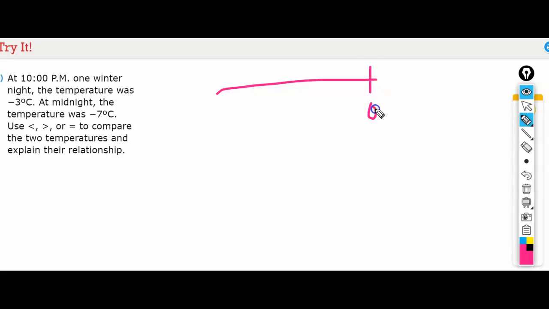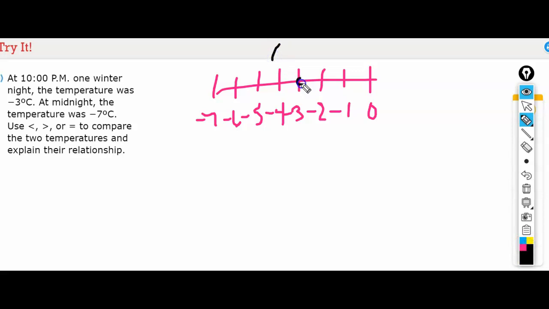we'll put 0 here. We have 1, 2, 3, 4, 5, 6, 7. -1, -2, -3, -4, -5, -6, -7. -3 is here. And -7 is here.